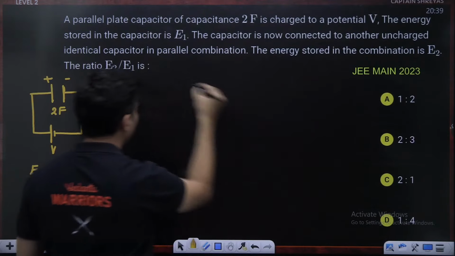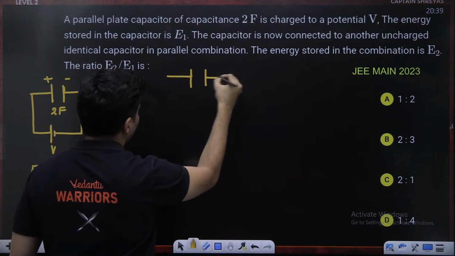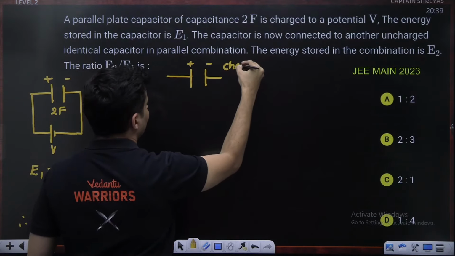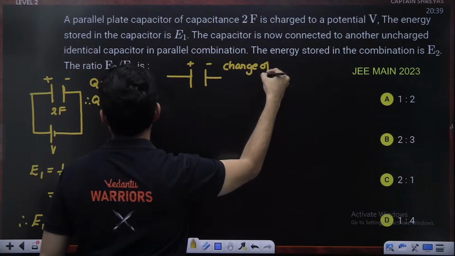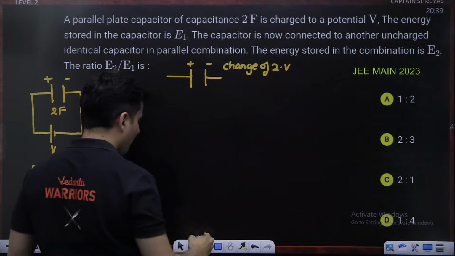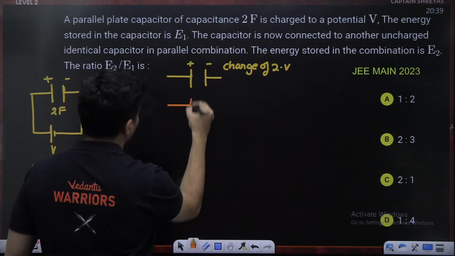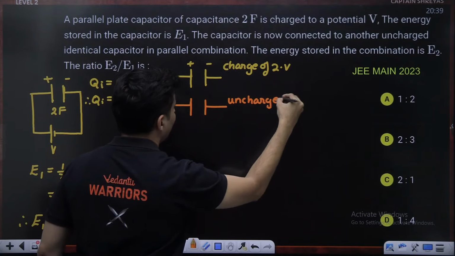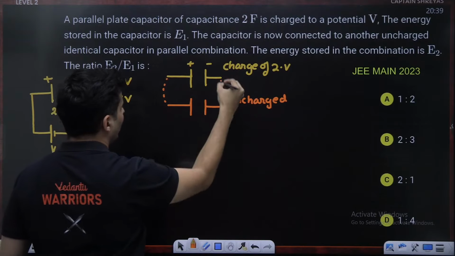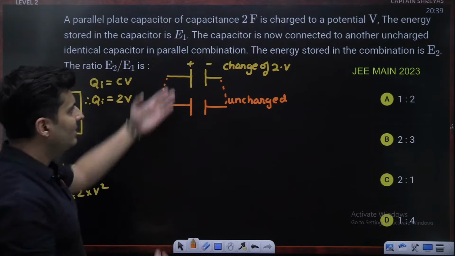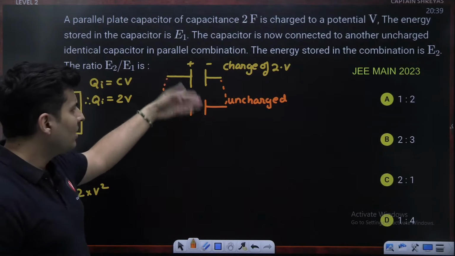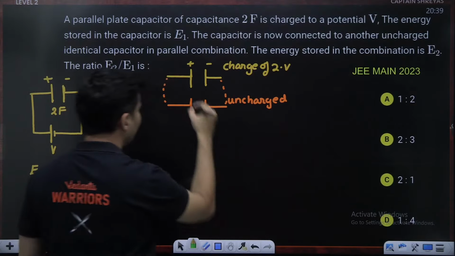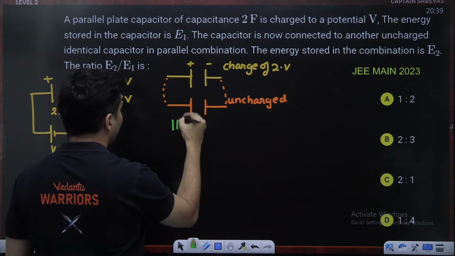Now, when you take this capacitor which has a charge of 2 times V, and you place it near an uncharged identical capacitor and connect it, what will happen? You will see that the charge will get distributed, and because both of them are in parallel, this is going to be a parallel combination.